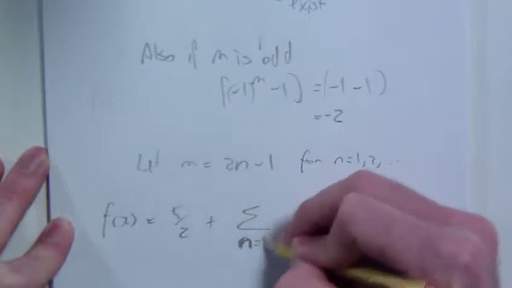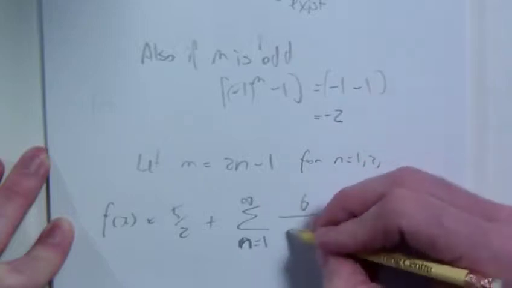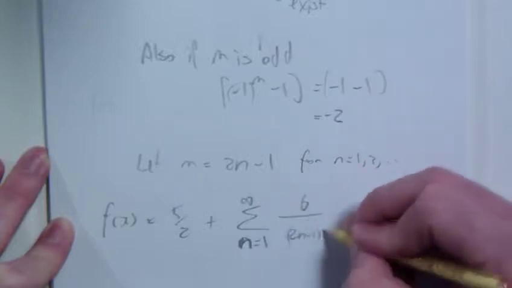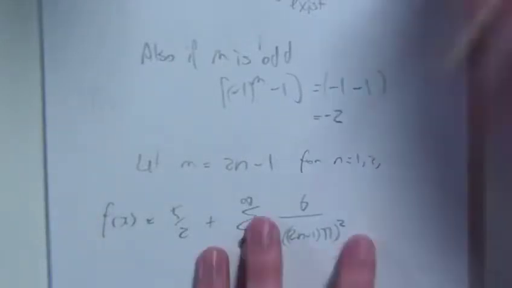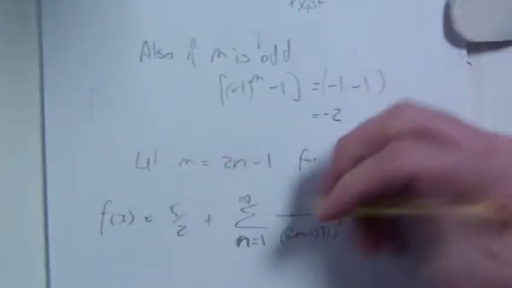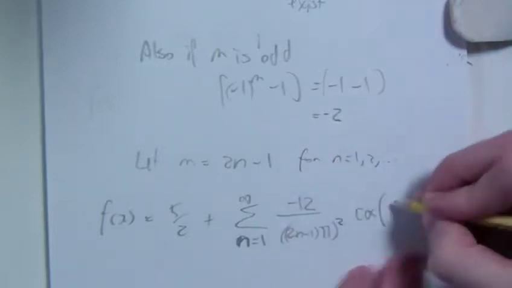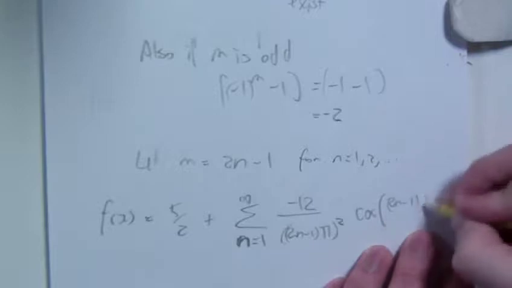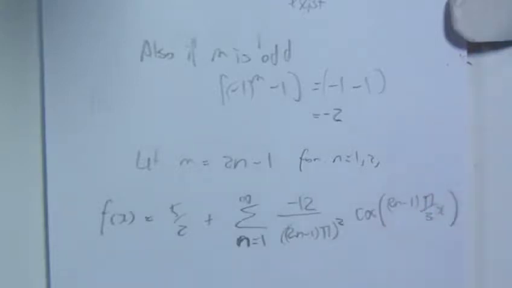Sum from n equals 1 to infinity of 6 on (2n minus 1) pi squared times minus 2 cos of (2n minus 1) pi on 3 x. If you wanted. It's hardly better, really, but we could have done that if we wanted.